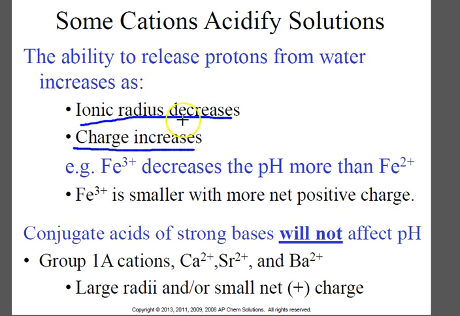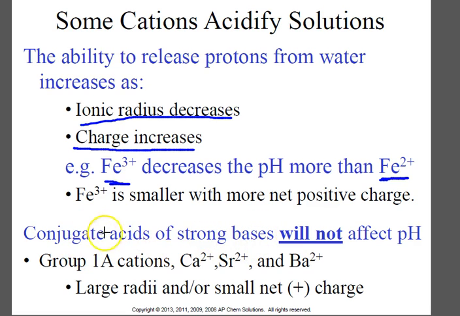So if the size is small and the charge is large, then they're going to be better at pulling water to themselves and potentially releasing a hydrogen from the water. For example, iron plus 3 would be better at this than iron plus 2 because its charge is larger, and because it lost another electron, its size is actually smaller.